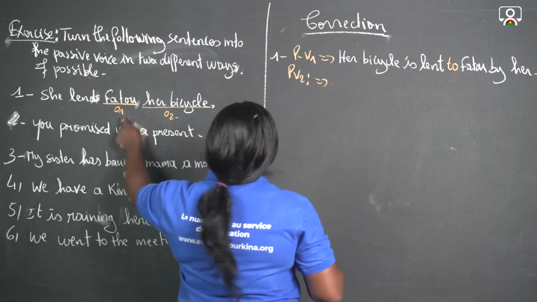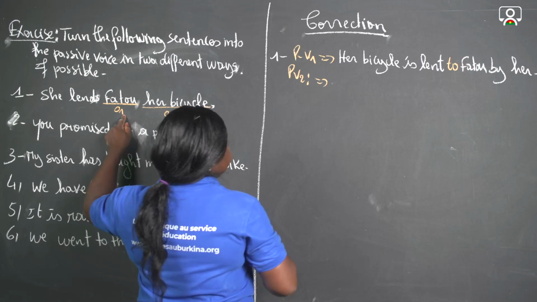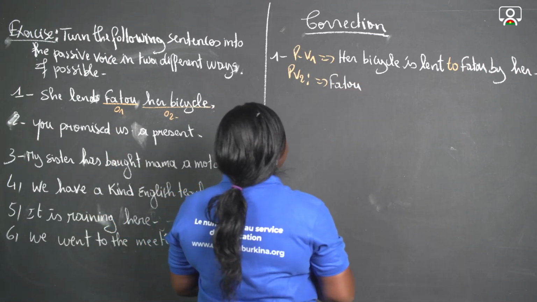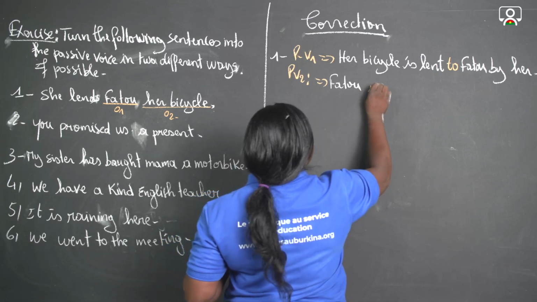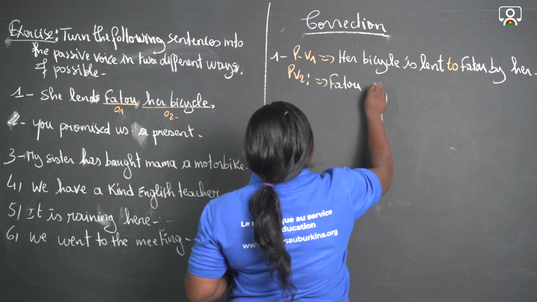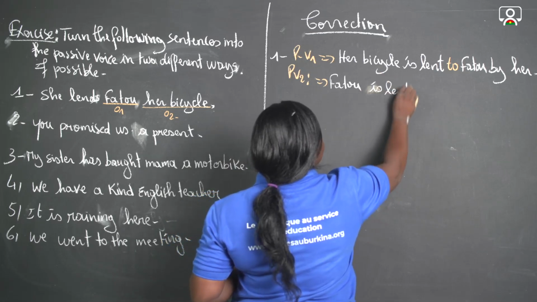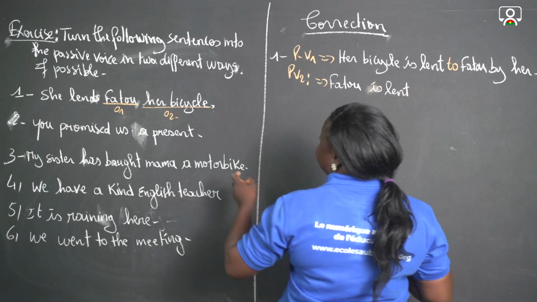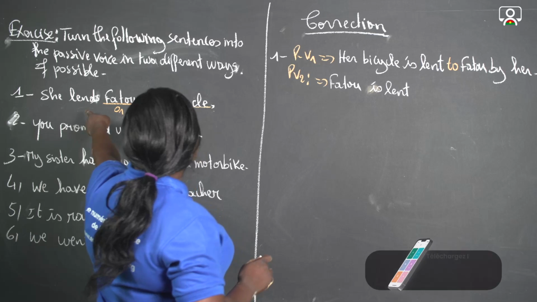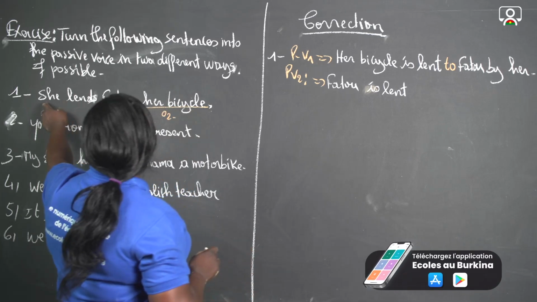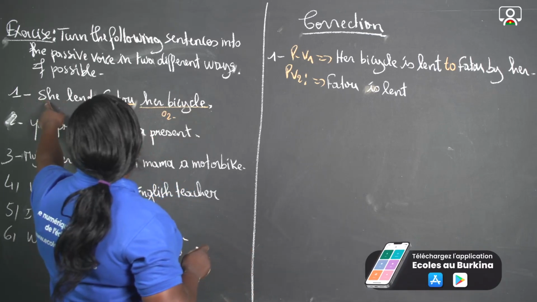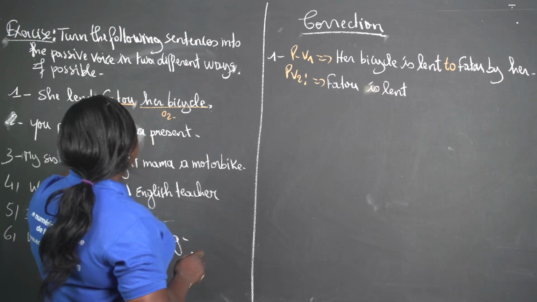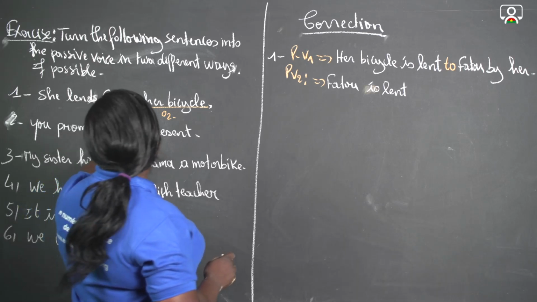We'll start with the indirect object. Fatu, the verb doesn't change. Oh, sorry. Fatu is lent what? Sorry. We are going to start with the second object here, that is Fatu, okay?